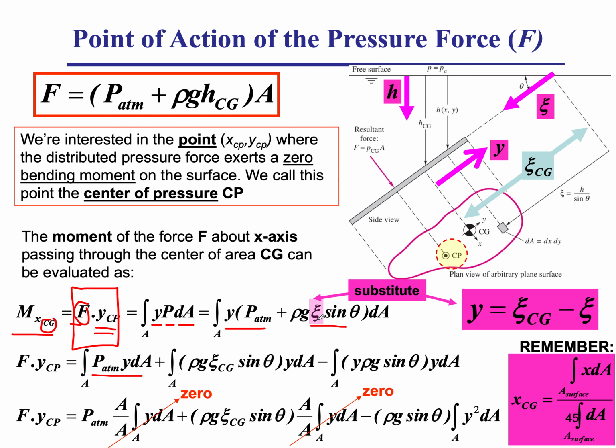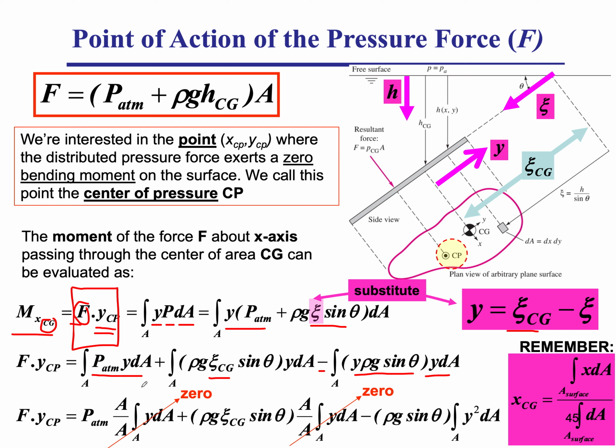So now this zeta CG is going to go here, times the y p dA, which is here, and then I get minus y dA times the rho g h. So let's look at each one of those terms.